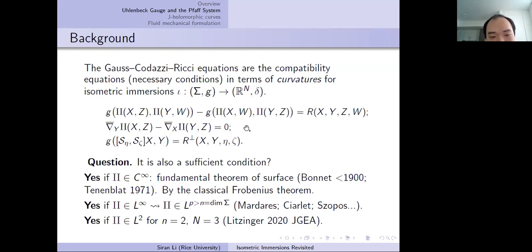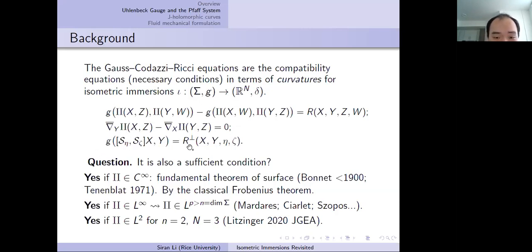So it says that the gradient of II, where bar is the Levi-Civita connection on R^n, on the ambient manifold, gradient bar of II is antisymmetric in its first two coordinates. So in some sense, this is a linear equation.